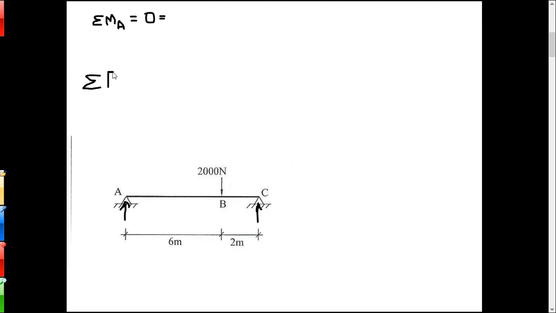That's how I'd approach this thing. And we're going to need to know this stuff for doing our shear and moment diagrams and our beam stress analysis and our shear and all that stuff. So there's the two equations I'd apply, and that's the order that I'd apply them in.